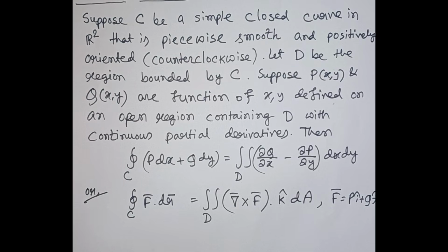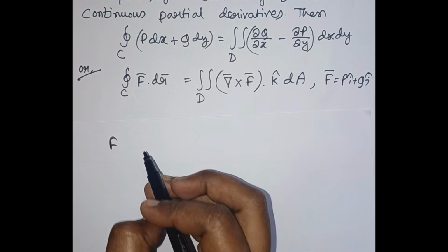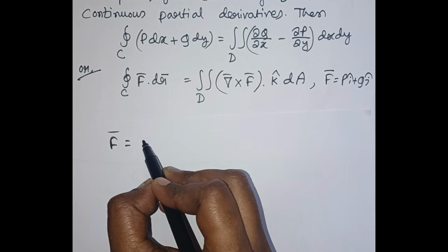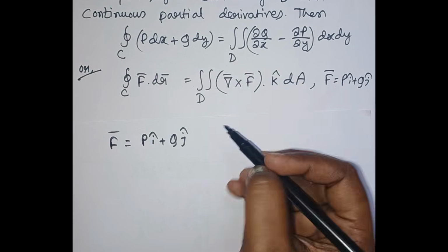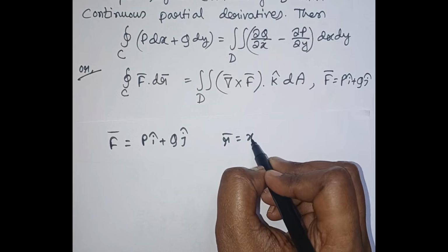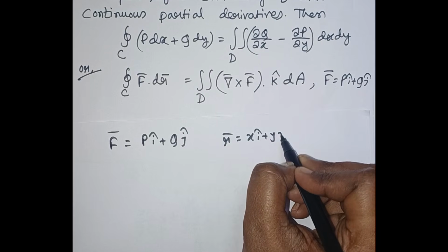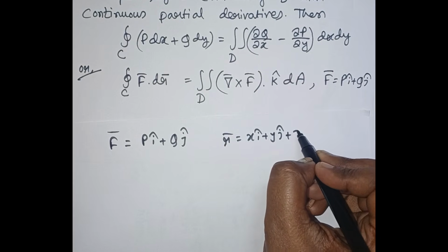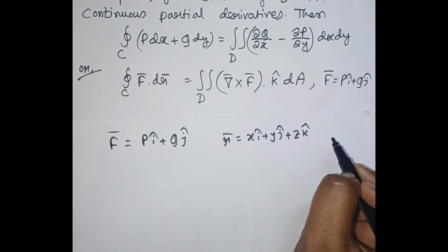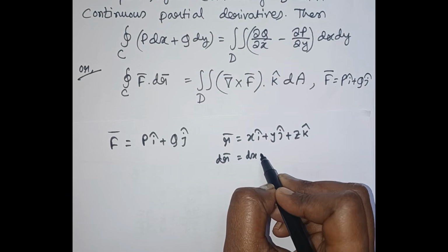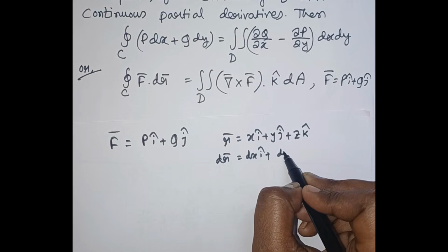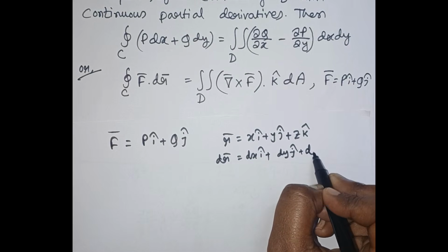Do you want to know why we can write these two as the same? If F is Pi plus Qj, and r is, as we already know, xi plus yj plus zk, the position vector, then dr will be the component-wise derivative dxi plus dyj plus dzk.